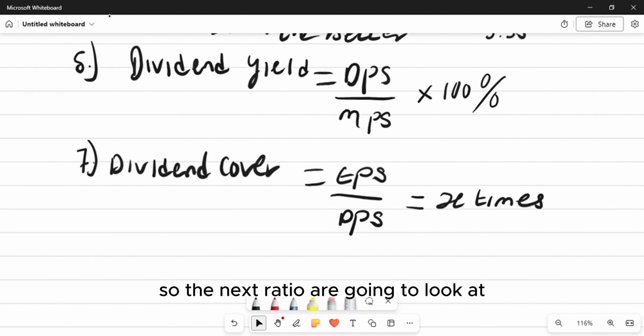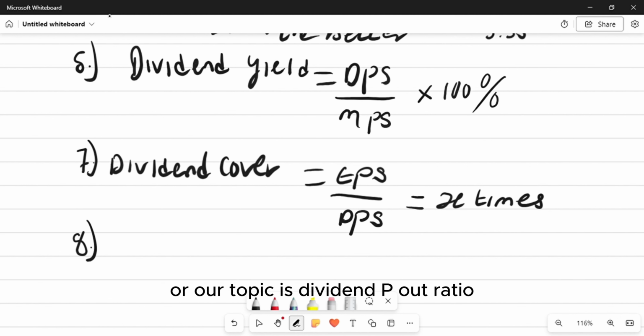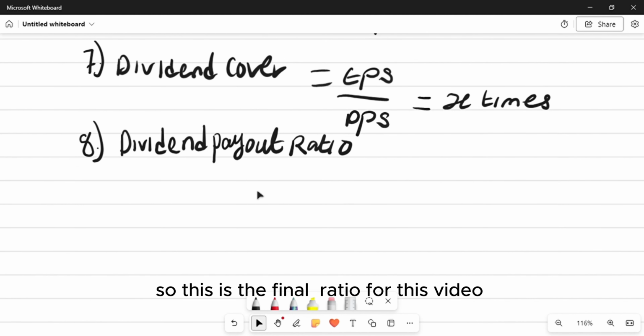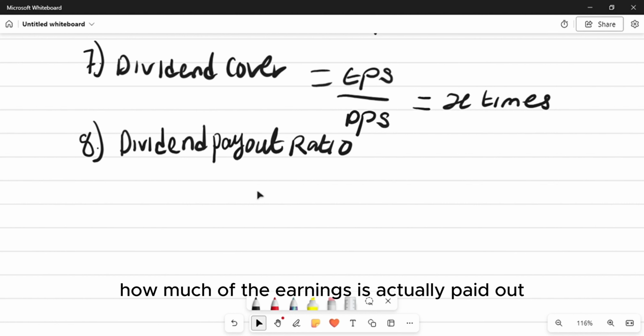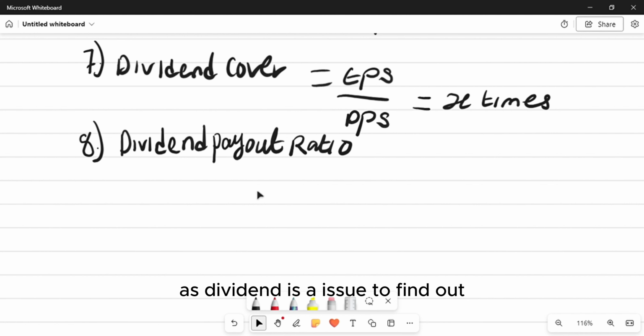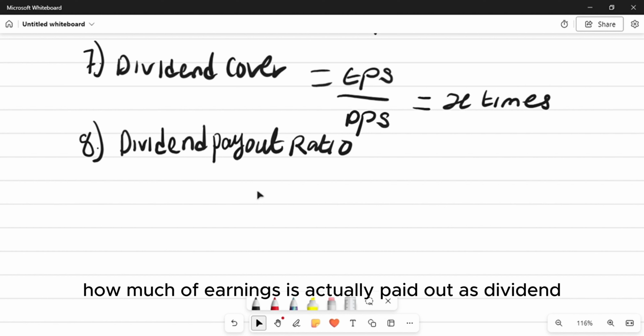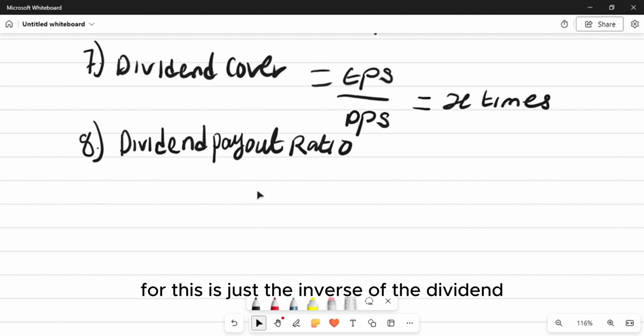So the next ratio we're going to look at, and the final one for this video before we move on to the next phase of our topic, is the dividend payout ratio. Dividend payout ratio is basically how much of the earnings is actually paid out as dividend, and the formula for this is just the inverse of the dividend cover.